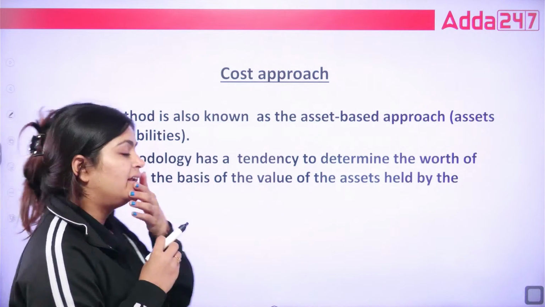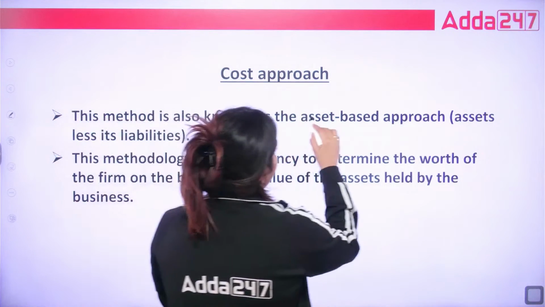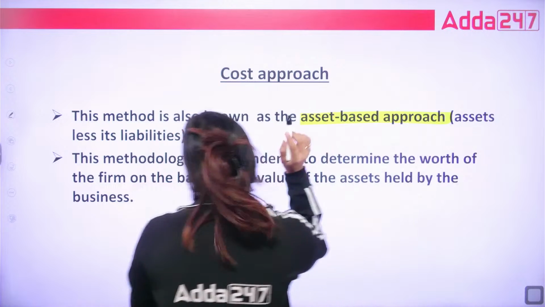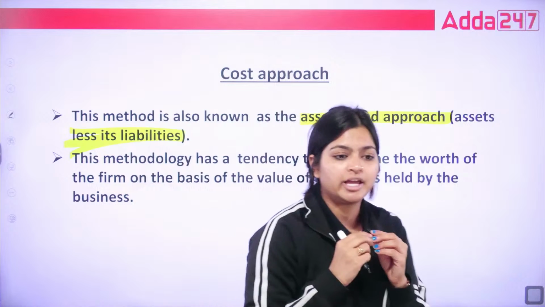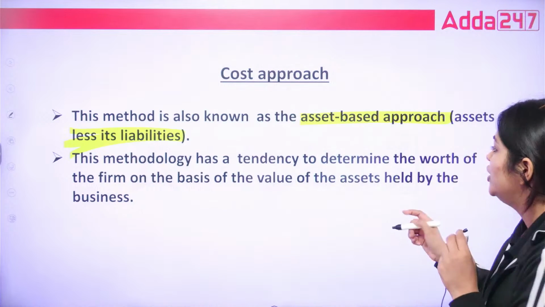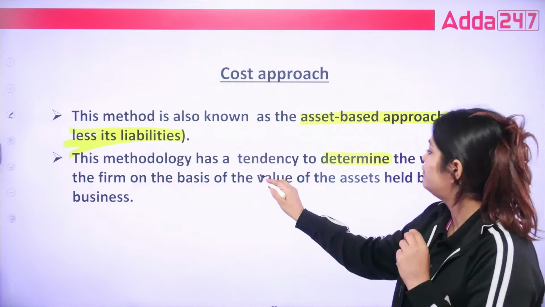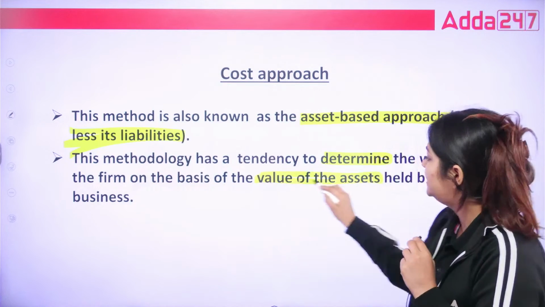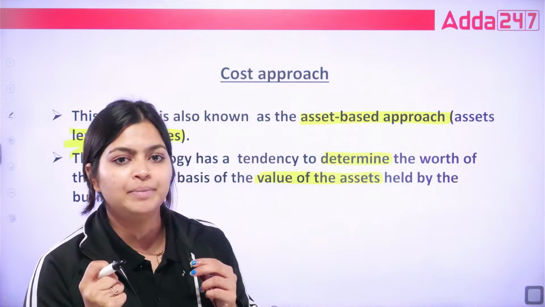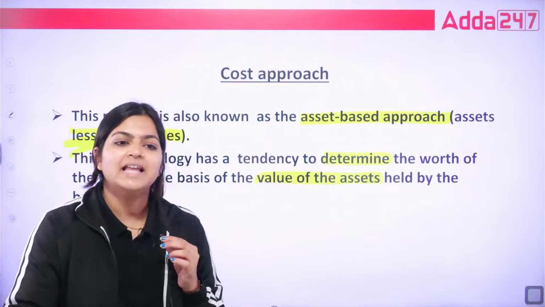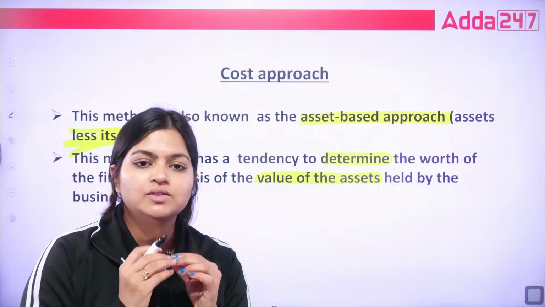Then the last one is your asset approach. Asset approach is also known as asset-based approach. Assets less liabilities. Here we are taking your book values. Book value means you are going to determine the worth of the firm on the basis of the value of the assets actually held by the company, and after deducting liabilities, whatever amount you receive, that is your cost approach.